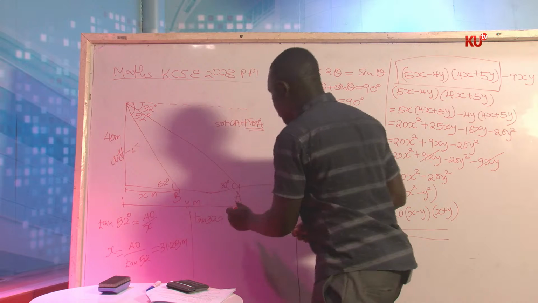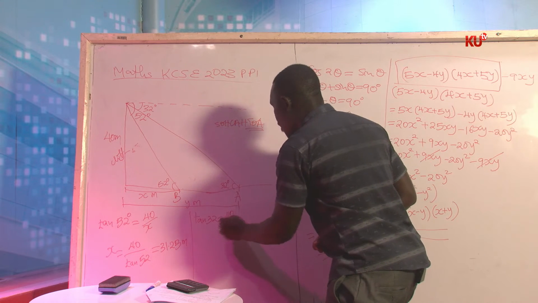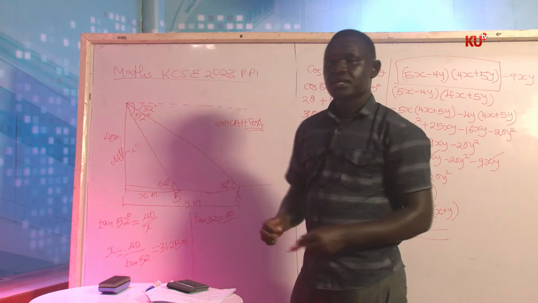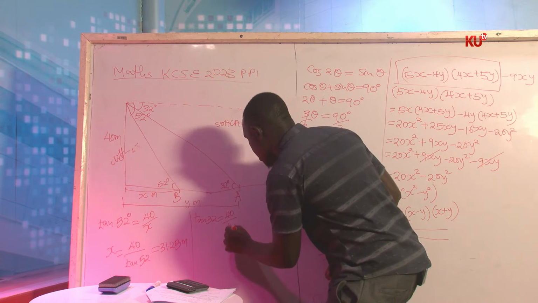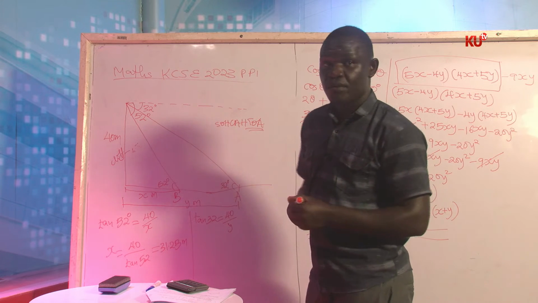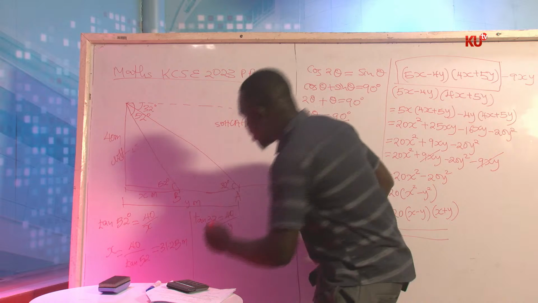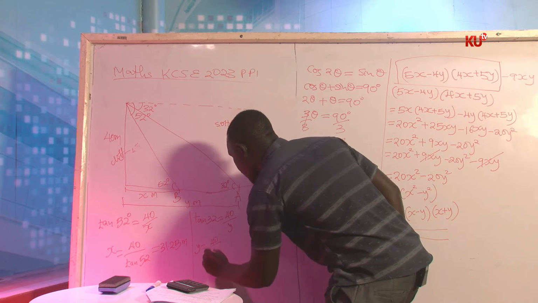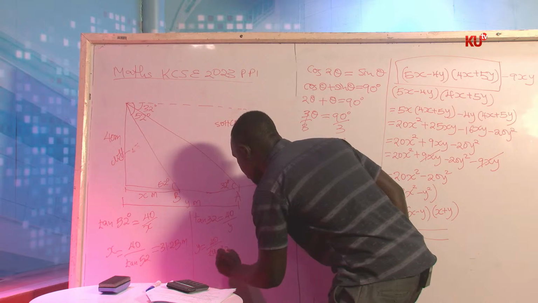Its opposite is 40 meters. Over the adjacent, the distance from here to here is y. So y over... Now, if I'm interested in making y the subject of the formula, dear students, what am I getting? You'll get y equals 40 over tan 32.